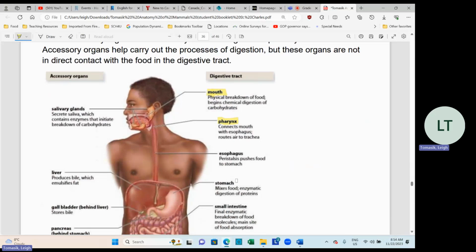The esophagus is your food tube, the tube between your throat and your stomach, and it does peristalsis. Peristalsis is very much like swallowing. So your esophagus is a large muscular tube, and it does automatic contractions that deliver your food to your stomach.